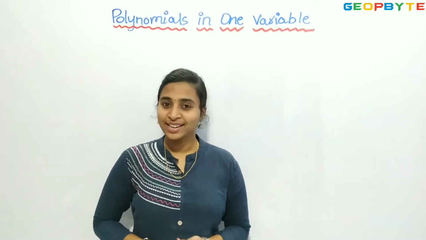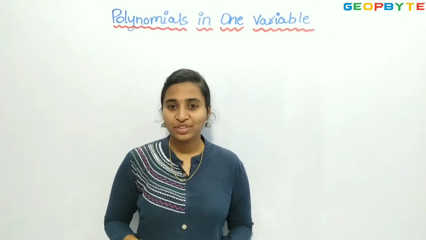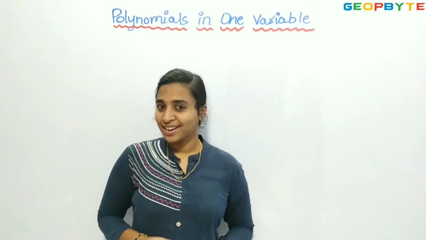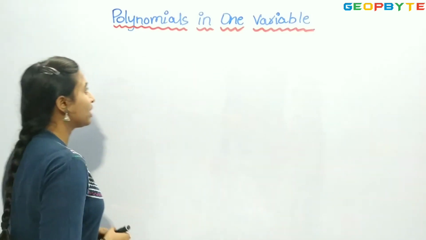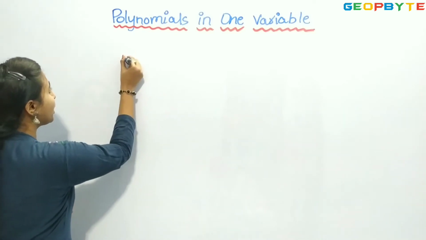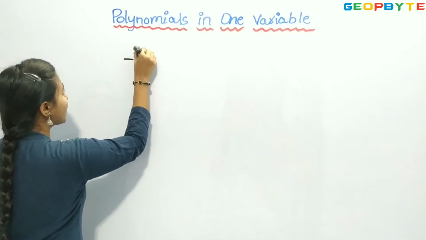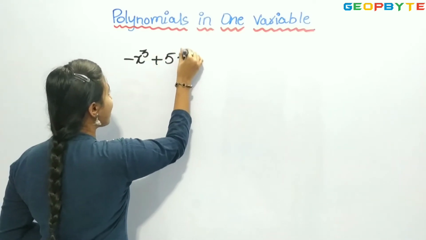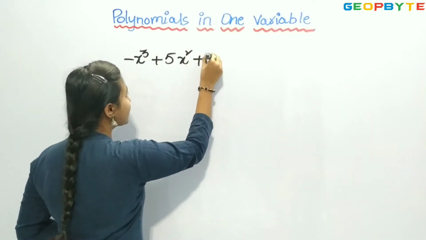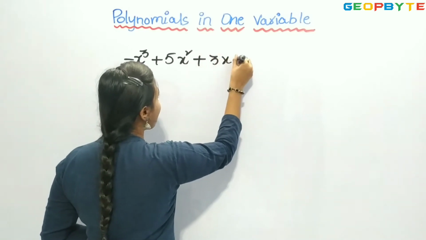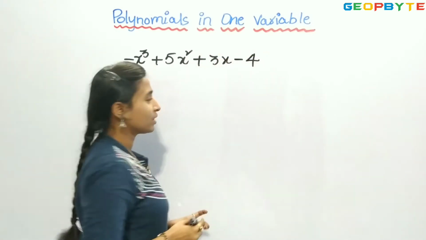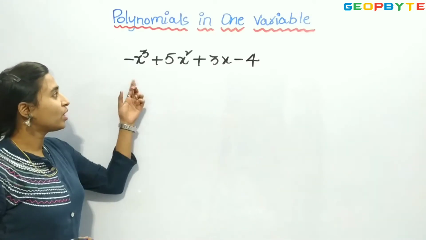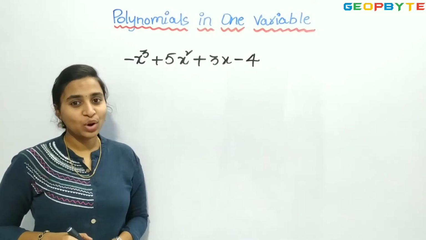Now, let us see the concept of coefficient. In a polynomial, each term has a coefficient. Let us take a polynomial −x³ + 5x² + 3x − 4. Here for each term I have a coefficient.